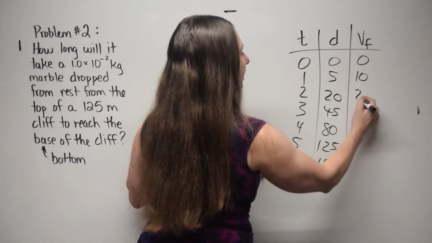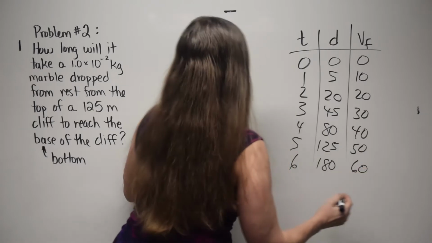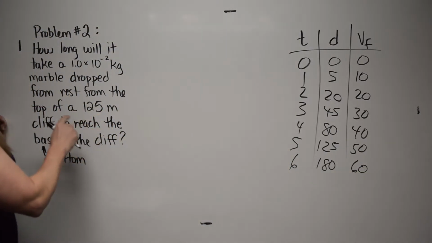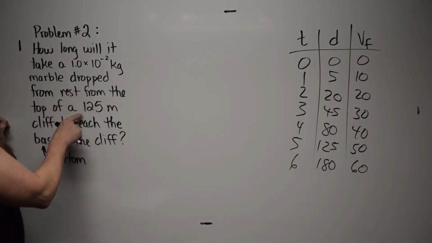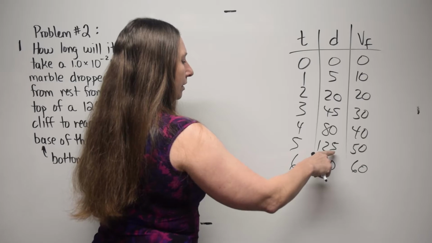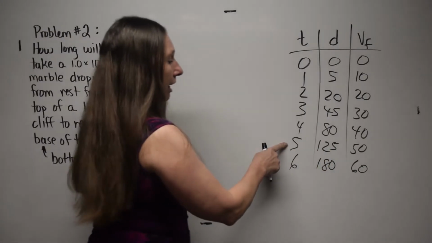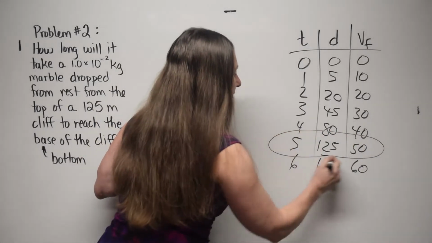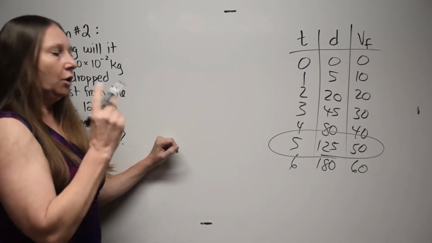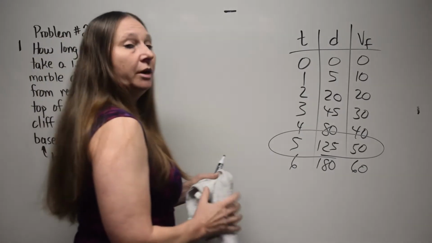How fast? 10, 20, 30, 40, 50, 60. Dropped from rest to go 125 meters is going to take how much time? 5 seconds. The answer is 5 seconds. So if it's a multiple choice question, we're done.